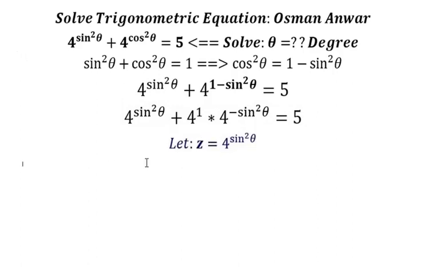Now let's introduce a new variable z, and z is equal to 4 to the sine squared theta. So that means 4 to the power of sine squared theta is z. Then this is z plus 4 times z to the minus 1 equals 5.